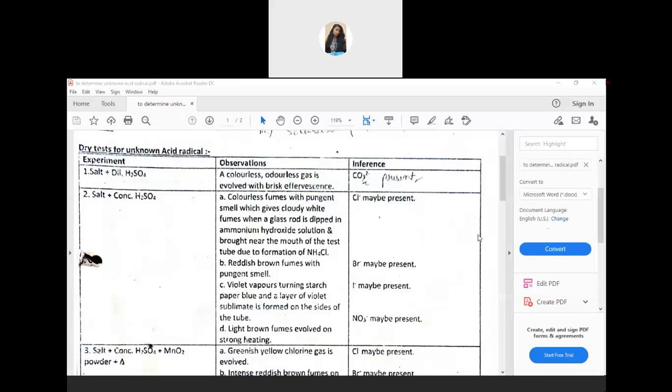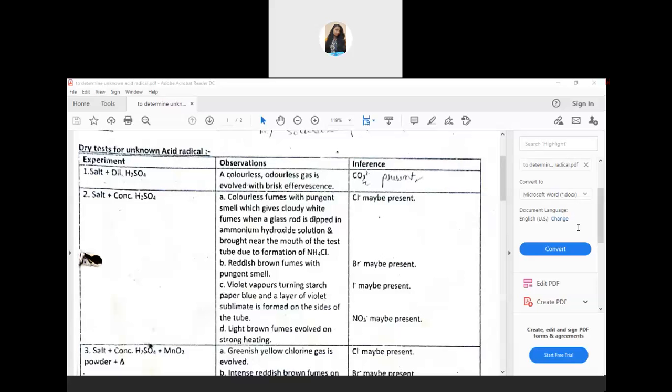So, this practical is all about determining the acid radical. In a previous experiment, you all know that if an acid radical and a basic radical are together, they form a salt. So a salt contains an acid radical and a basic radical. In this practical, you have to determine what acid radical is present in the salt.